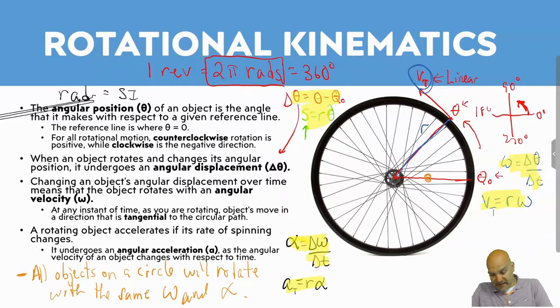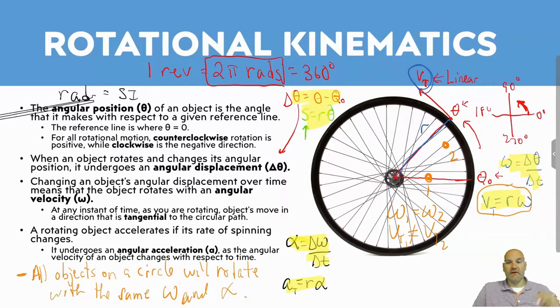If I have object 1 and object 2, their omegas will be the same, but their tangential speeds will not be the same, because remember that v tangential is r times omega. Even though they rotate with the same angular velocity, because of where they're located, their tangential speed will not be the same. Object 2 will be greater than 1 because it's further away from the axis of rotation.